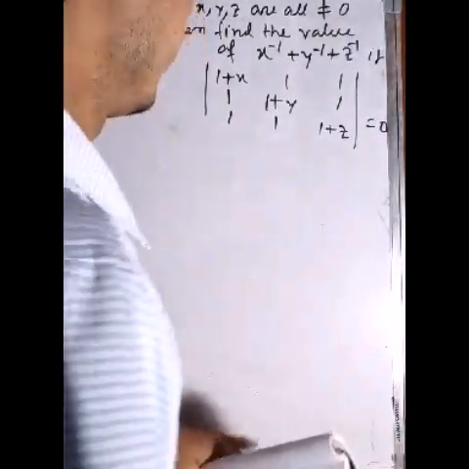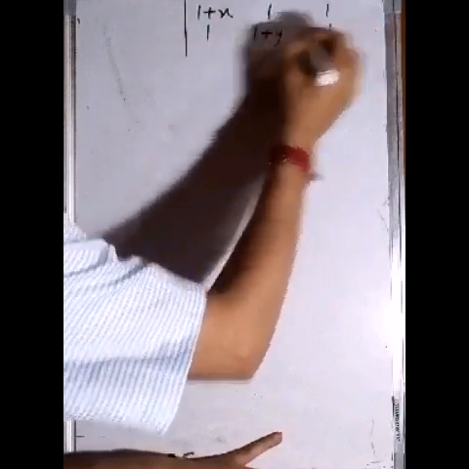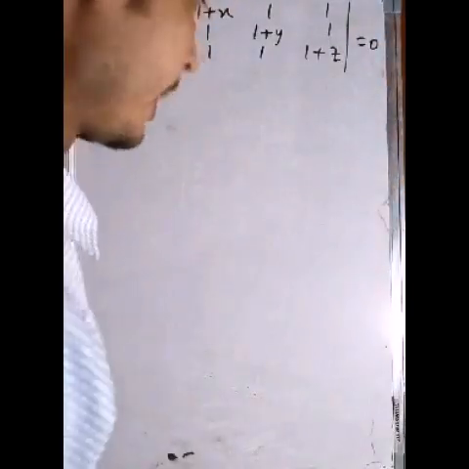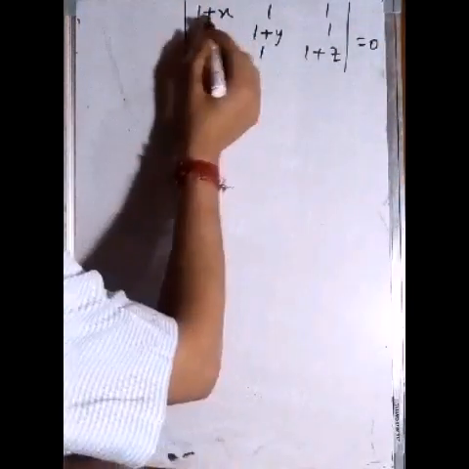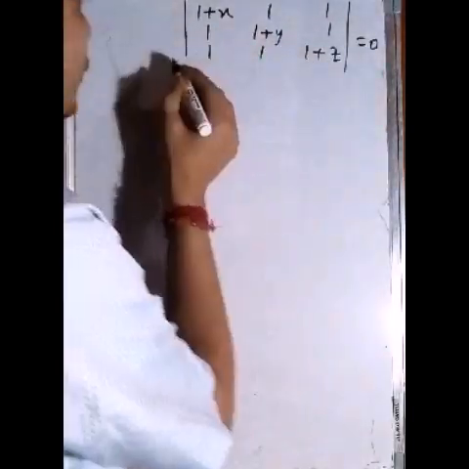Okay, so let us rub the board, because I don't have any space to keep the question on the board. So the determinant is 1 plus x, 1, 1; 1, 1 plus y, 1; 1, 1, 1 plus z, and this is given as 0. First we take x common from row 1, y common from row 2, and z common from row 3.